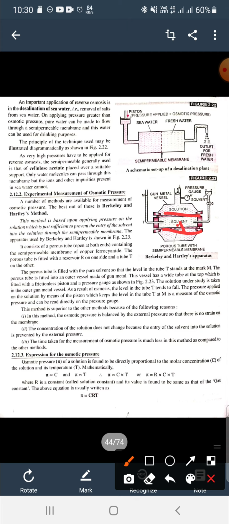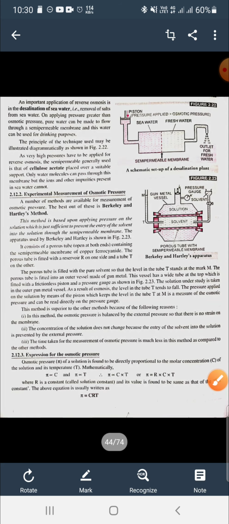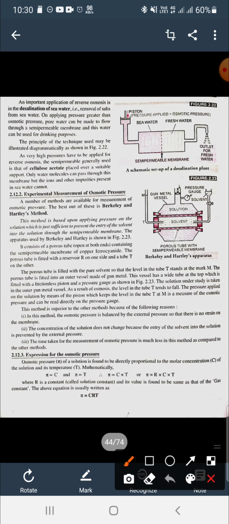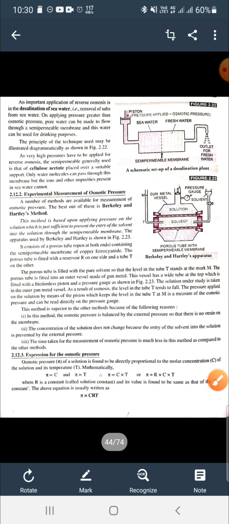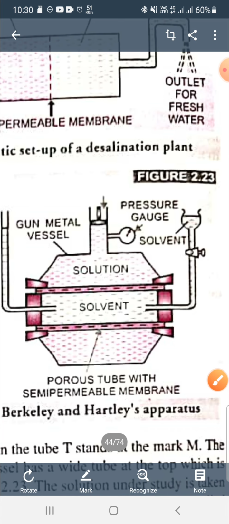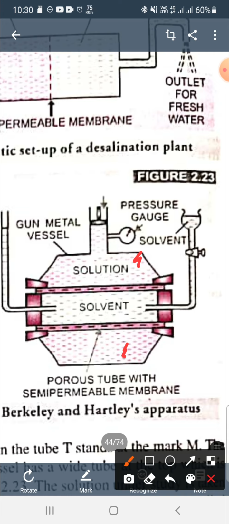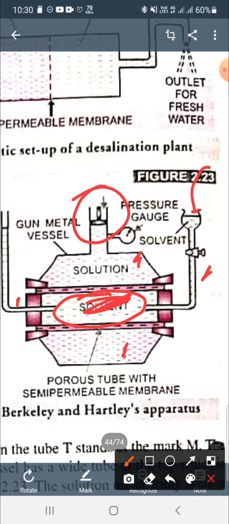This is your semi permeable membrane, and the whole tube is fitted inside the gunmetal vessel. This is your gunmetal vessel. This is your porous tube where solvent is taken, this is your simple tube, and this is your reservoir. Here water can be added. Now this is your piston, and this is the pressure gauge.